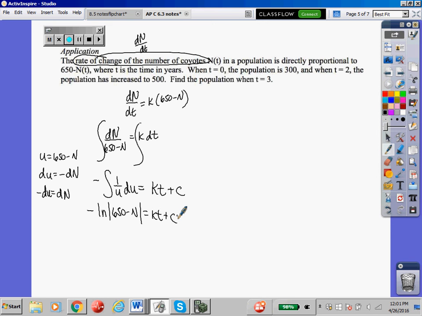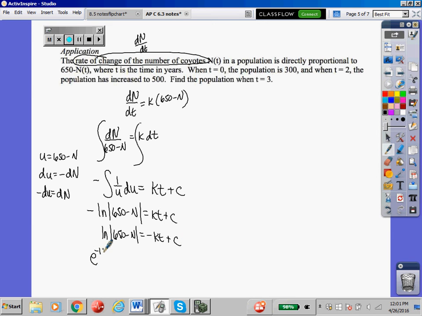So what we're going to do is multiply both sides of the equation by a negative sign, and that's going to give me negative kt. Technically it's a minus c, but minus c plus c, it's still a constant, okay? Because what you're adding could be positive or negative. So you don't need to make that a minus. It's just this constant.